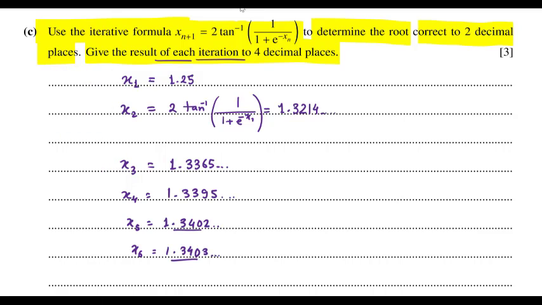So we can approximate the root, meaning the x value, the solution of it, as 1.34, because they have asked us to write the root correct to 2 decimal places, so we can say it is 1.34. Rest can be different, but we can check by getting the next iterative value. x7 is coming 1.343 again, so it is 1.34 correct to 2 decimal places.